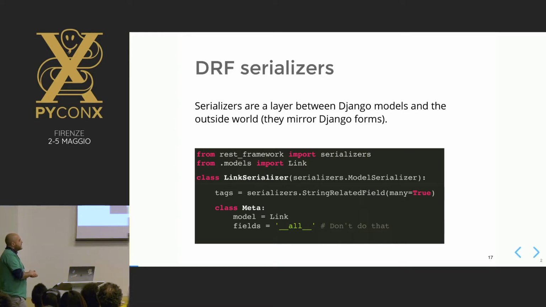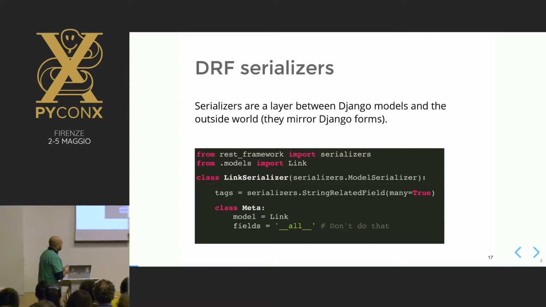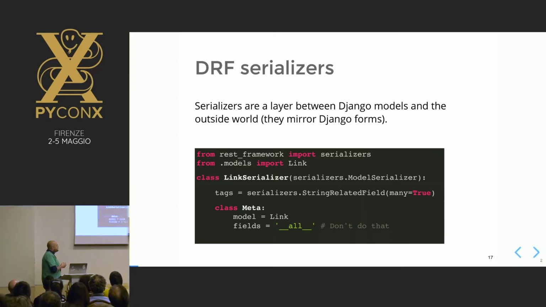The serializer transforms the JSON to Python objects. Of course, you can also serialize less complex Python objects. In this case, I am using a model serializer, which is a mirror of a model form in Django. When you use a model serializer, you can just interact with an already existing model in your application.